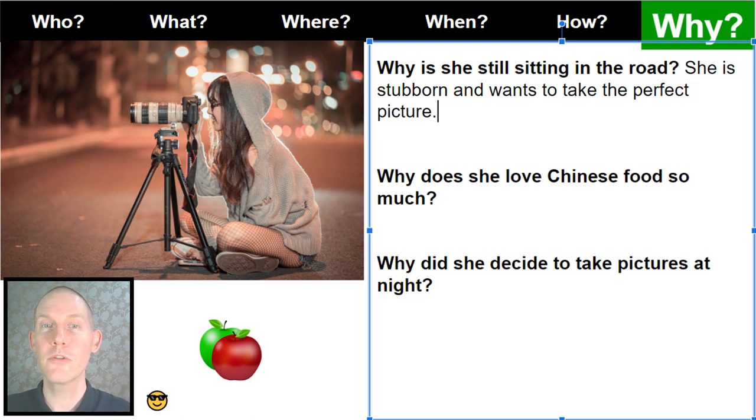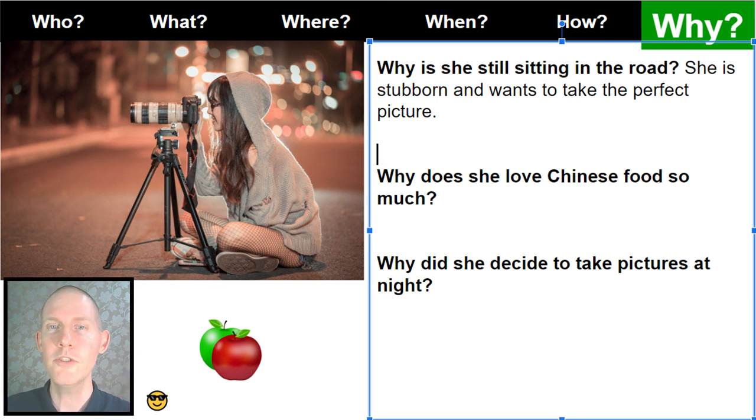All right. So stubborn means that she's going to do what she wants to do, and it's very difficult to convince her or make her believe that she should do something else. So stubborn, right? Someone who is stubborn, they're like, I'm going to do it my way.